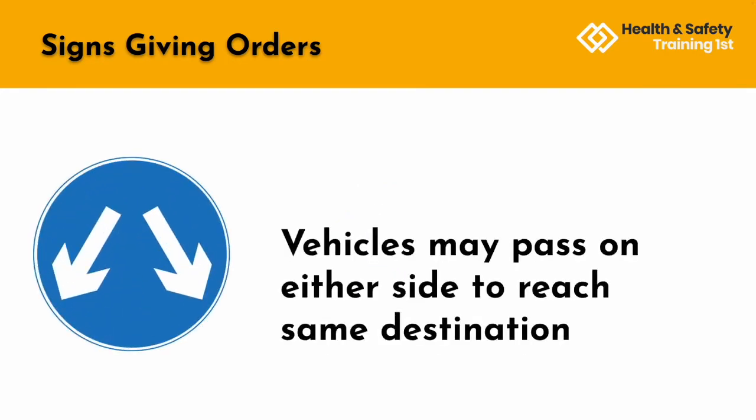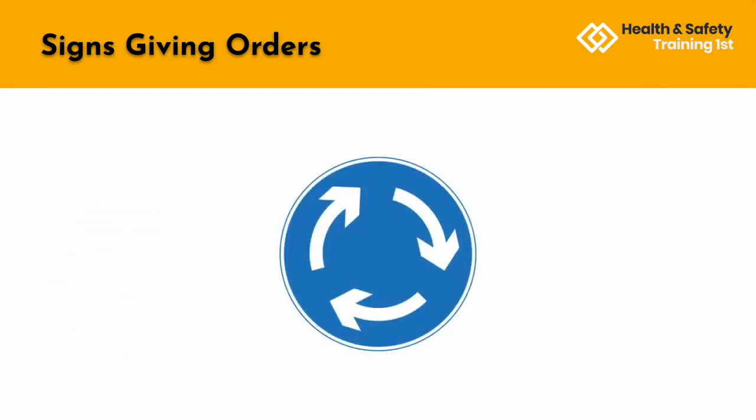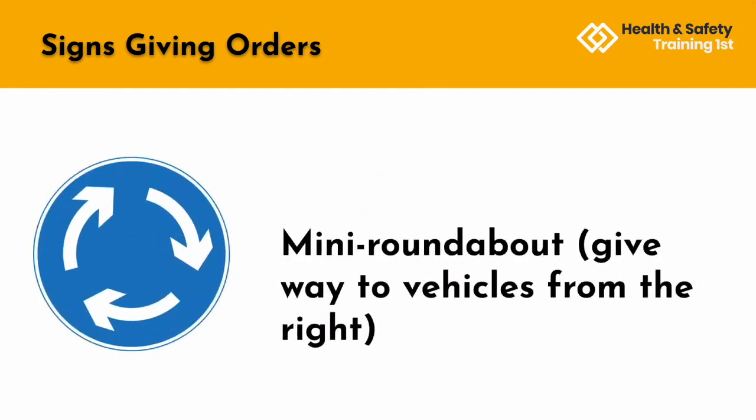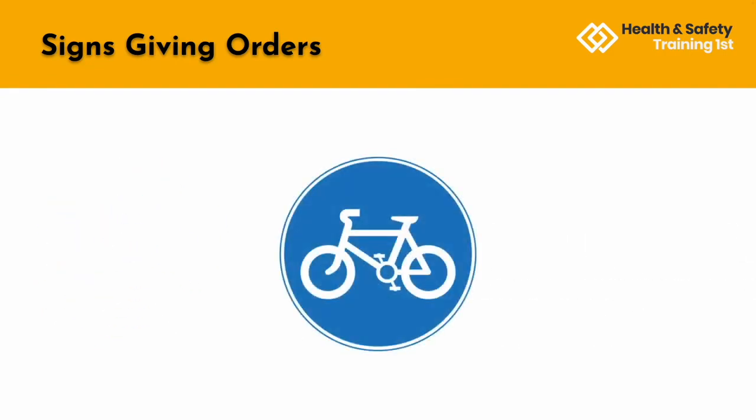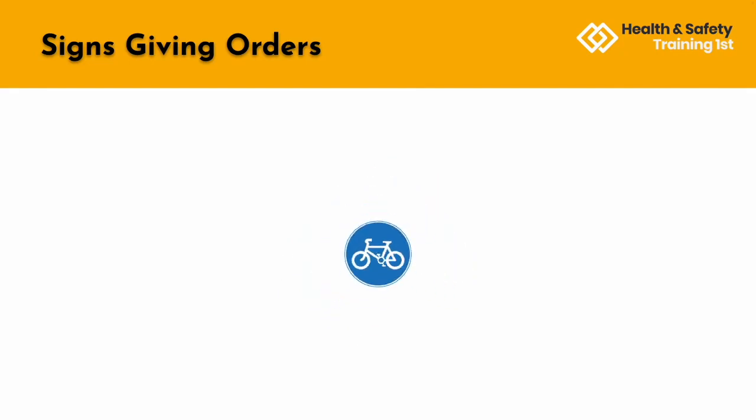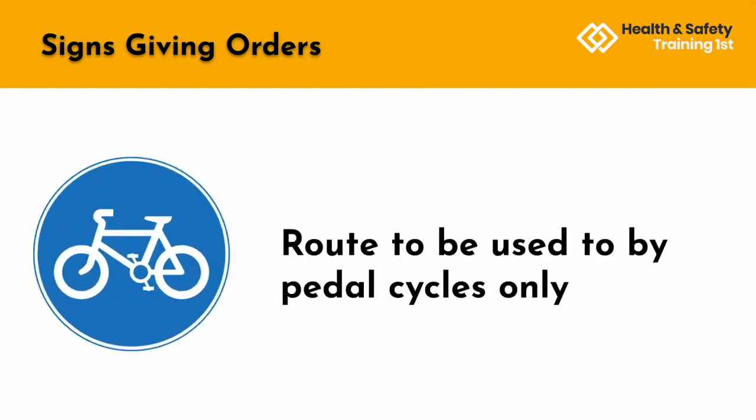Vehicles may pass either side to reach the same destination. Mini roundabout. Roundabout circulation. Give way to vehicles from the immediate right. Route to be used by pedal cycles only.